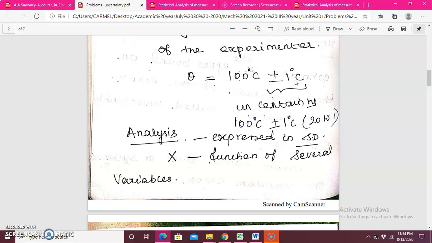That is what they cannot predict. It is all like a doubt: maybe it will fall within this particular limit, or else it will exceed this limit. Some doubt is always there, no? That is what uncertainty talks about. This is the uncertainty term in your measurement system.